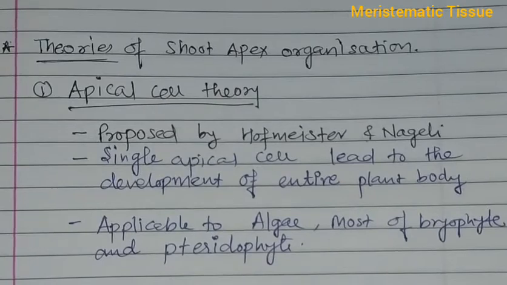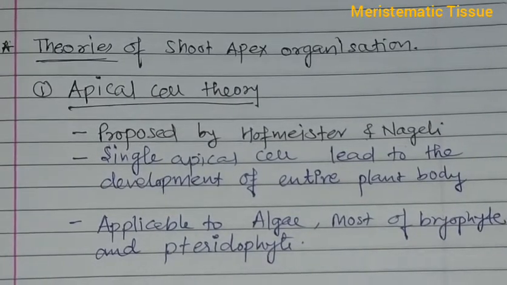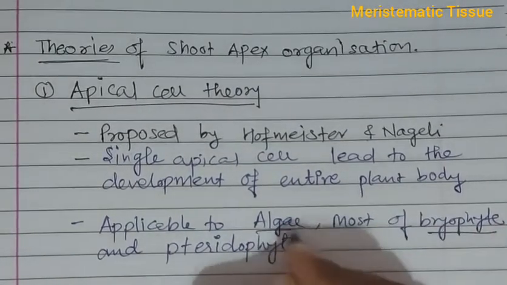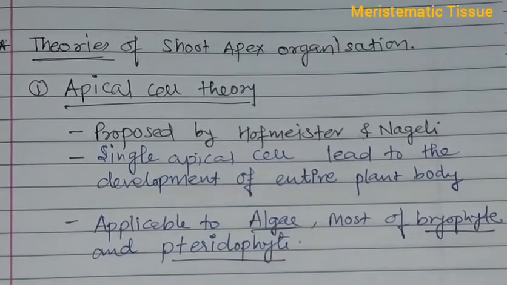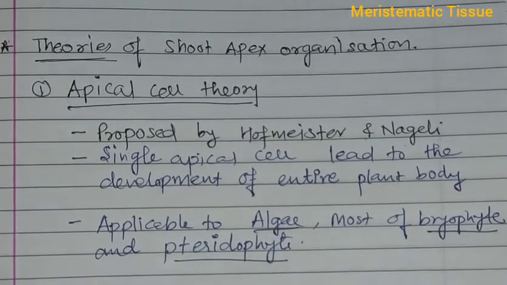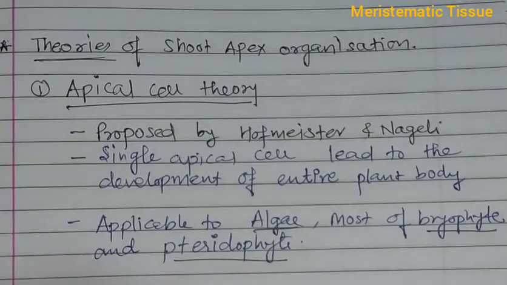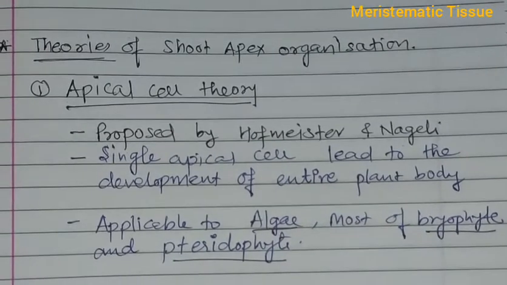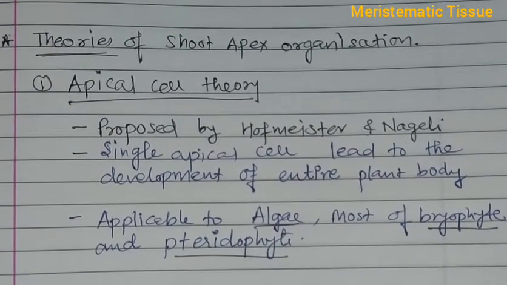So it is applicable to bryophytes, algae and pteridophytes, not to gymnosperms and angiosperms according to Hofmeister and Nageli. But in this theory they are seeking just a common generalization, that a single cell divides and forms a whole plant body. But everyone was not satisfied with this theory, so later on another theory came into consideration.